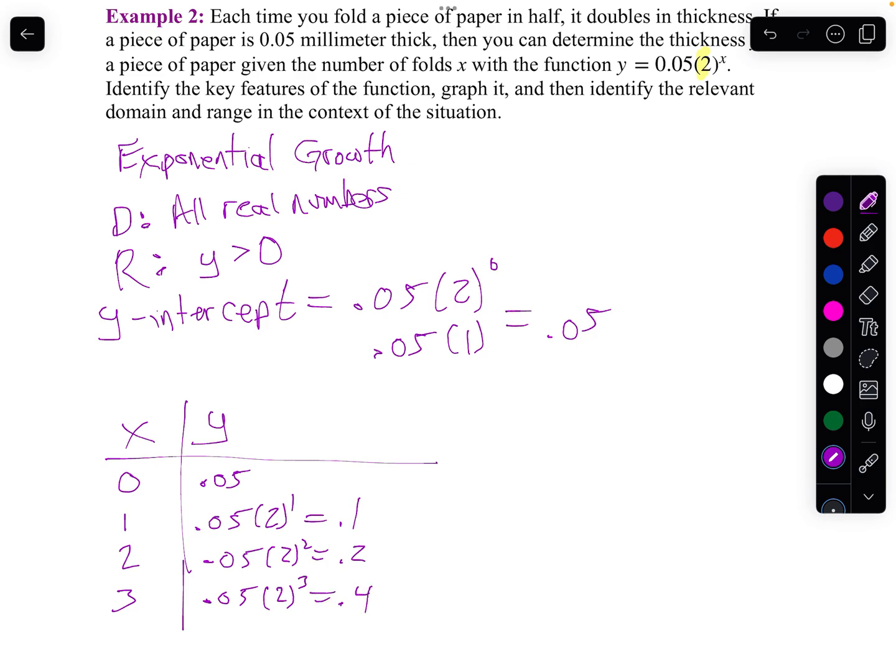So we could graph this by hand. I would start here, let's go like 0, 1, 2, 3. Well, actually, I'm not shrinking, I'm growing. So let's count by 0.1s: 0.1, 0.2, 0.3, and 0.4.